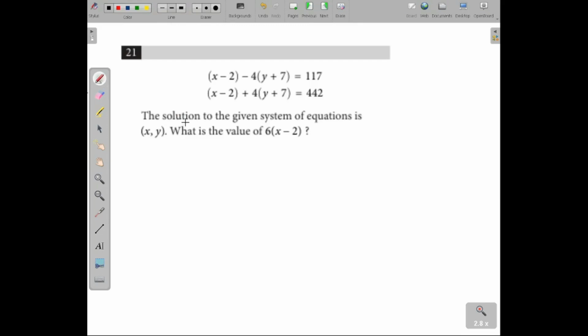Number 21. The solution to the given system of equations is x and y. What is the value of c times parenthesis x minus 2? So we need to find this value that has the variable x.